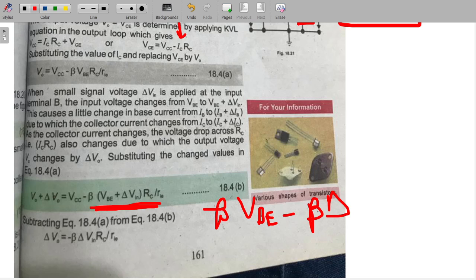We find delta V in, right? And all of this is going to be multiplied by this RC, so we can just take it in common. So basically we solve for this, or you can just write it here for your sake, RC over RIE.